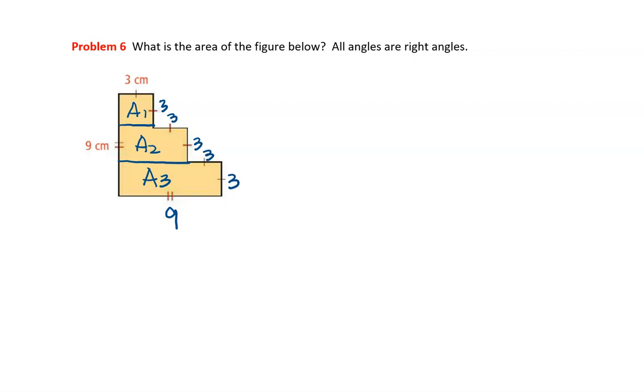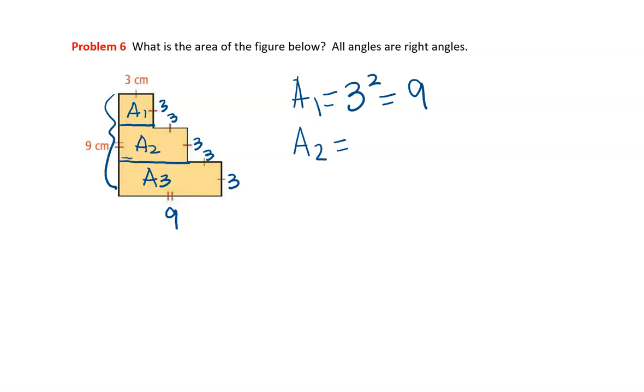Now let's focus on area 1. Since we are looking for area, it is length times width or base times height. So we look at 3 squared. Area 1 is 9. Area 2: we don't know the length at the bottom, but we do know that the height is 3. It is not 9 because 9 is the whole entire side.